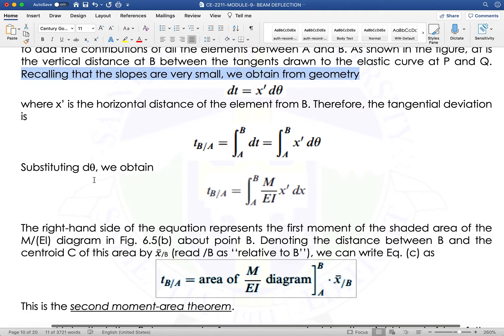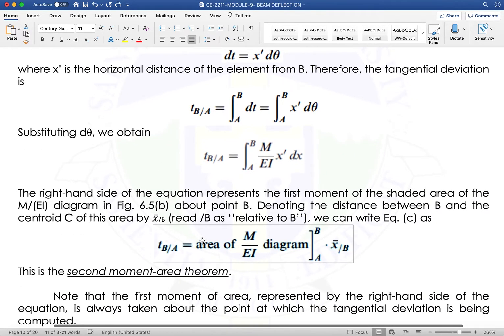Then, substituting d theta, we obtain the tangential deviation of B with respect to A is equivalent to the integral of M over EI times x prime dx from A to B. Okay?